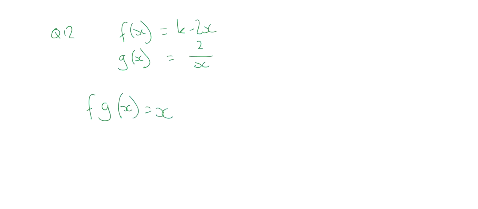Is that what it is? What? Fg of x equals x has 2 equal roots. So I am being asked to find a composite function when that function equals x, when are there 2 equal roots? So what is the value of k that makes that true?